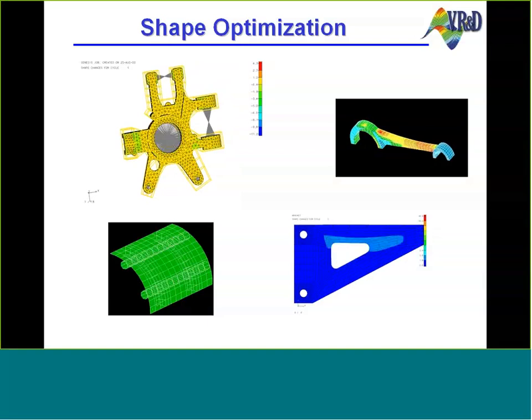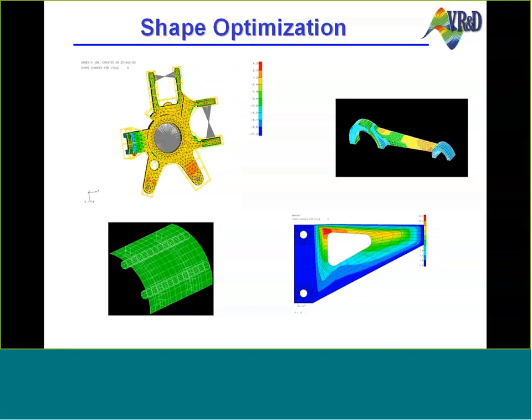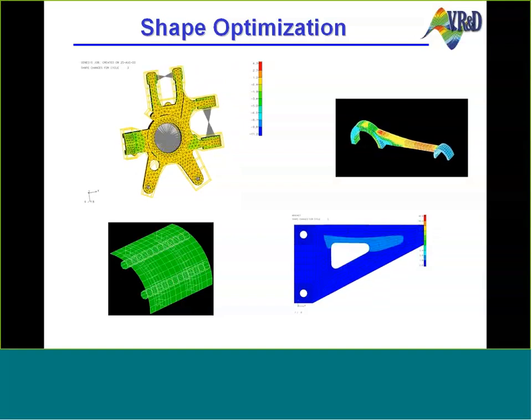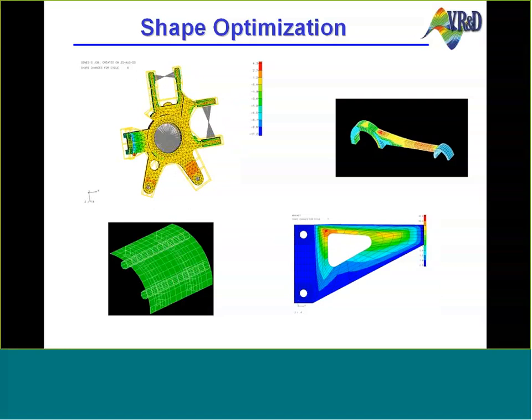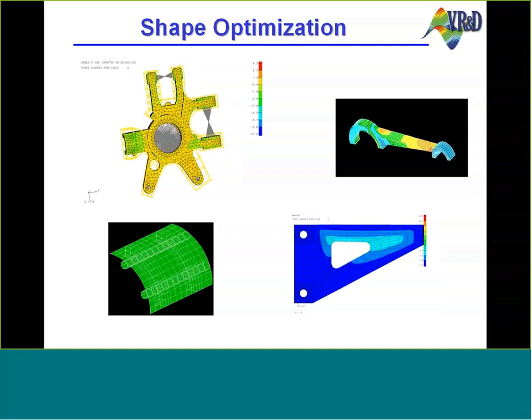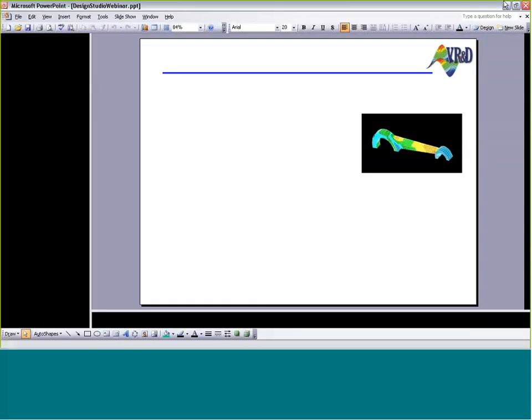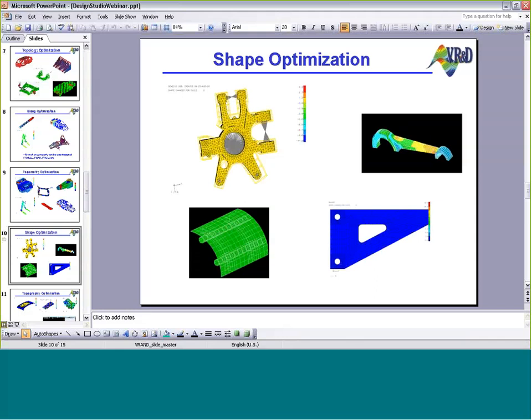So this can be used for all types of finite elements, shell, solid, bar, but it's particularly useful for the solids. Because solid elements don't have any real numbers on their properties, there's no sizing optimization available, but they, of course, can be designed with shape optimization. So now we will go back to Design Studio and take a look at a shape optimization problem.